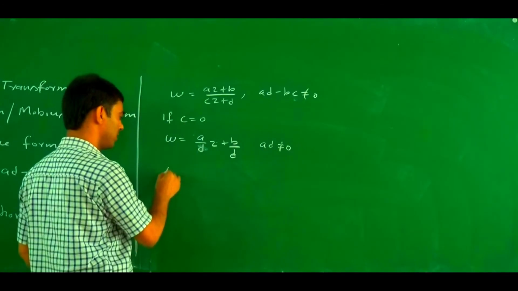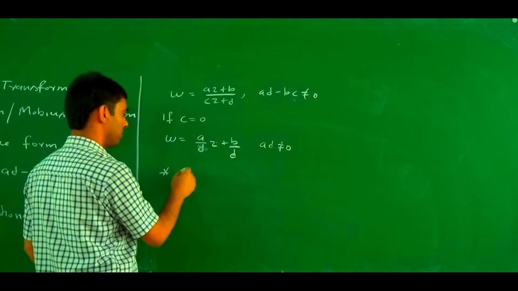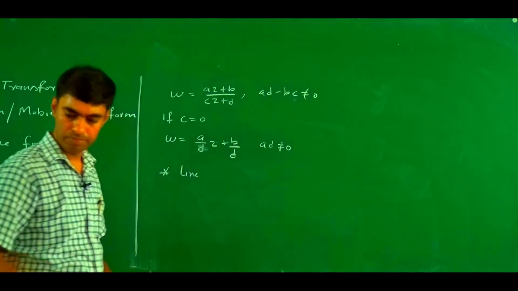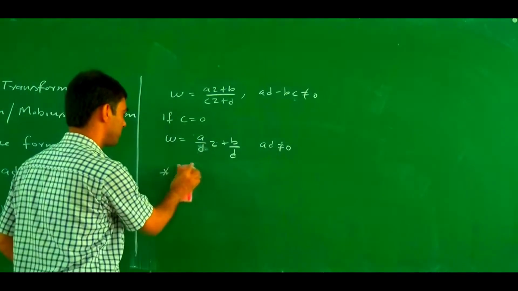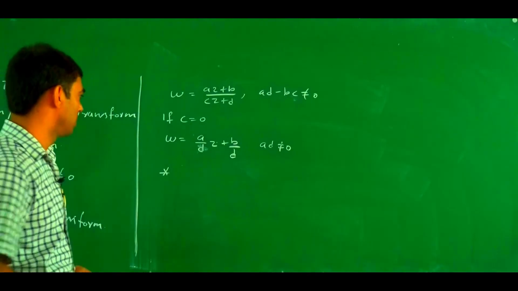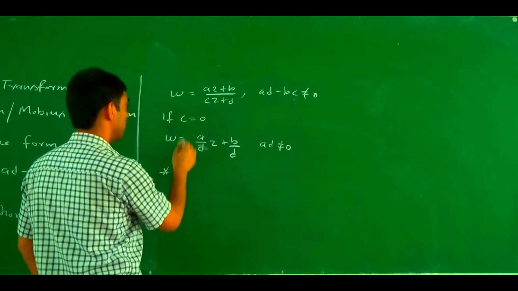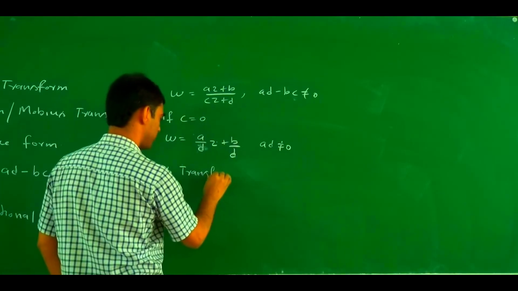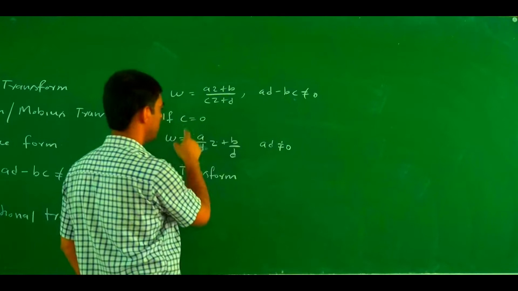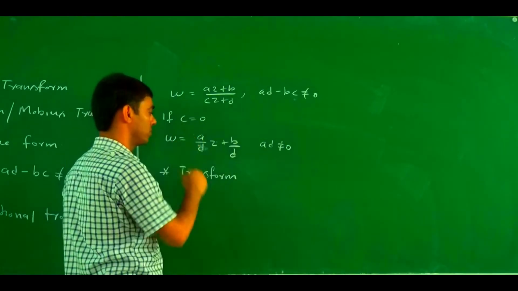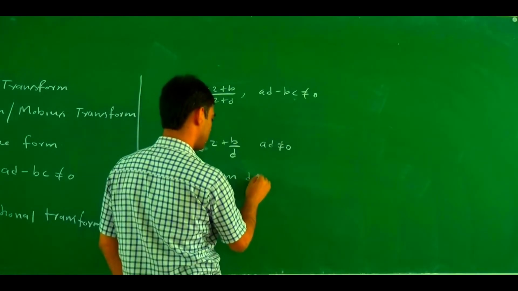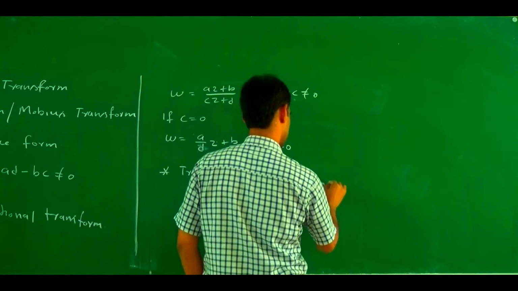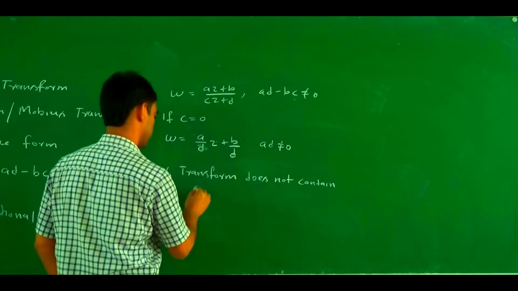Then we conclude that for this bilinear transform, in the case C equal to 0, the transform does not contain any constant function.